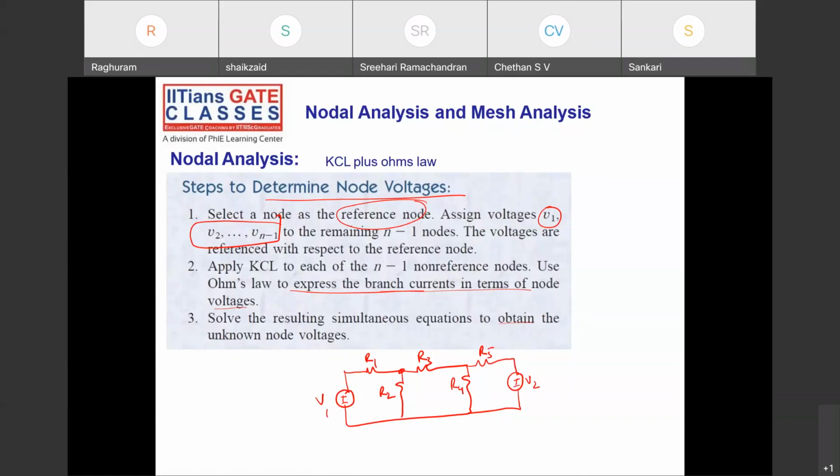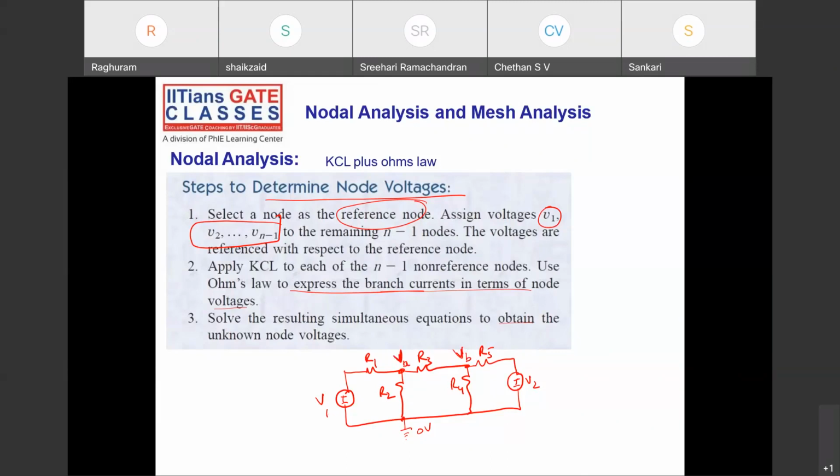So now, I'll take this as a reference node, as 0 volts. I'll have two nodes, V1 and V2. For each node you have to write down the equations, simultaneous equations. You have two nodes here. For better understanding, I'll call them VA and VB.